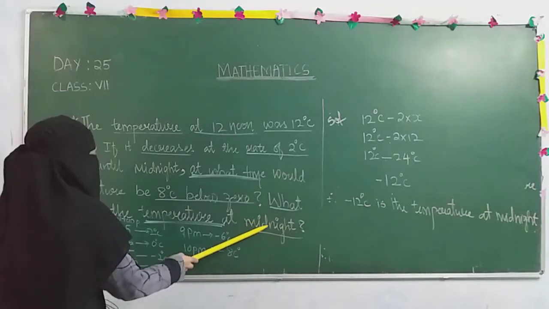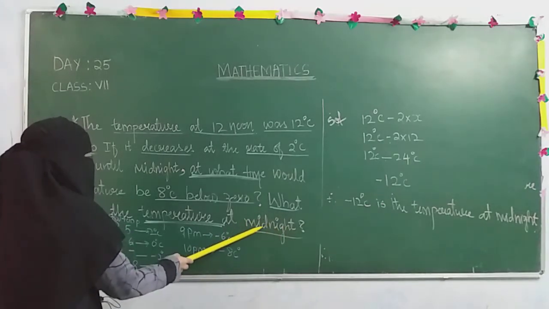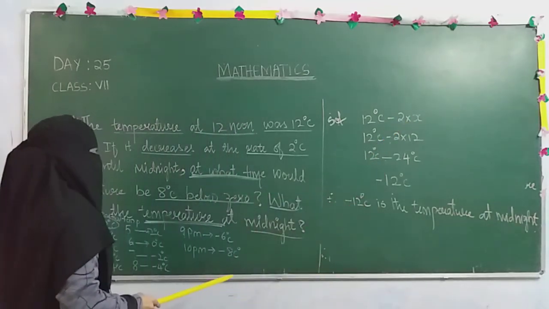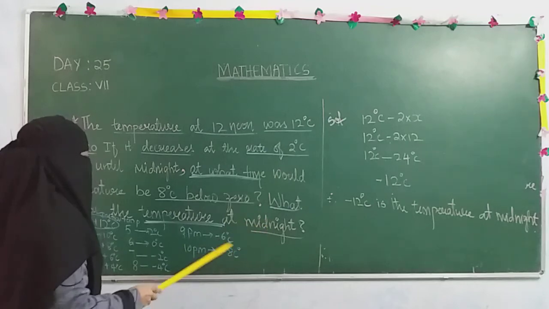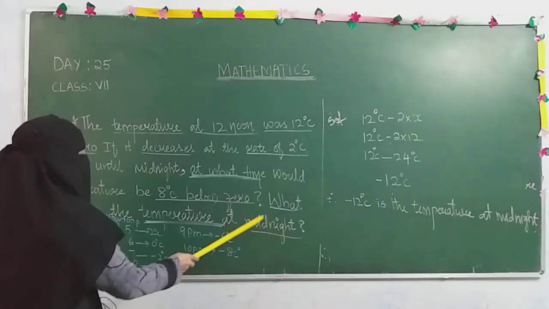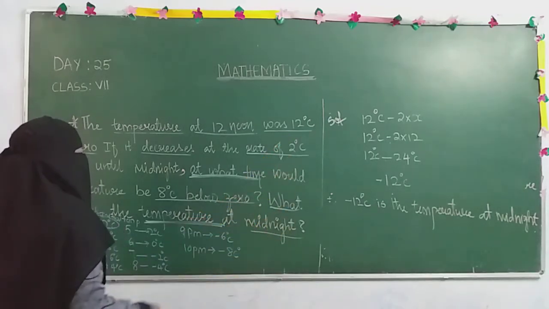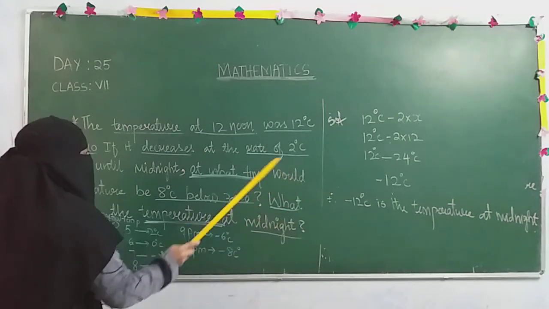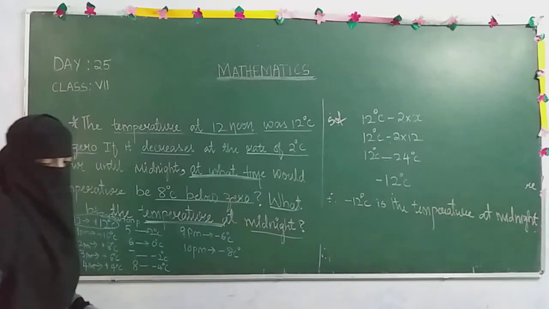It is not given as 10 pm. Sometimes if they give 10 pm, or 10, or 8, anything, whatever it may be, in place of midnight, then you need to substitute that number over there. After that you need to follow this simplification. Okay, hopefully you have understood.